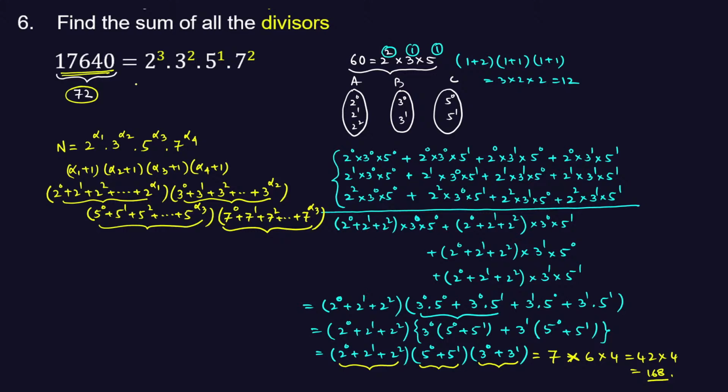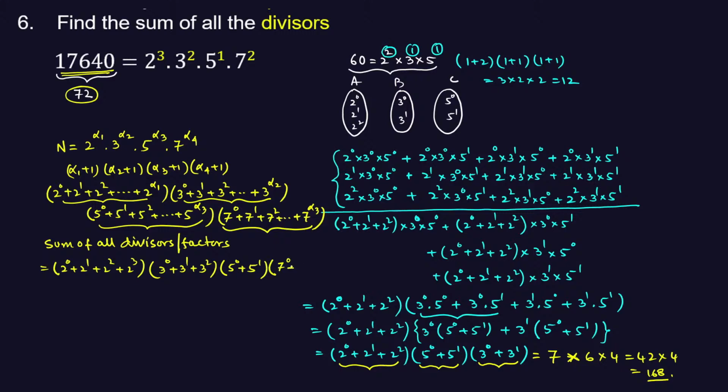So what I will do, straight away I will write that the sum of all divisors or factors, whichever way you say, will be what? 2 to the power 0 plus 2 to the power 1 plus 2 square plus 2 cube, into 3 to the power 0, 3 to the power 1, 3 square, into 5 to the power 0, 5 to the power 1, into 7 to the power 0, 7 to the power 1, and 7 square.